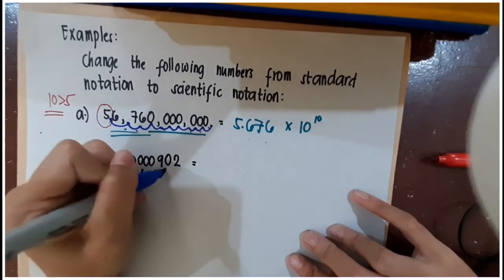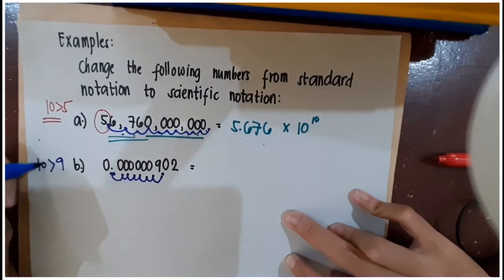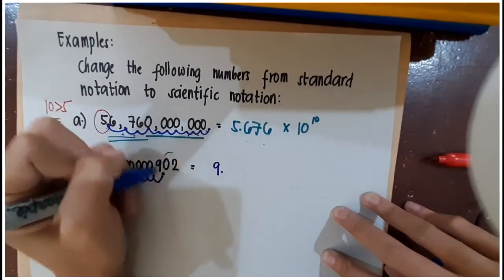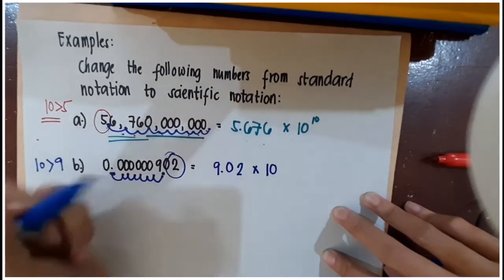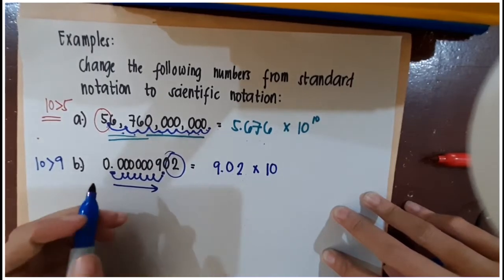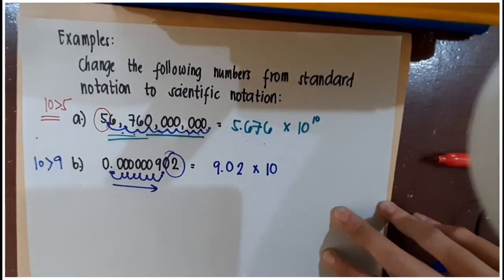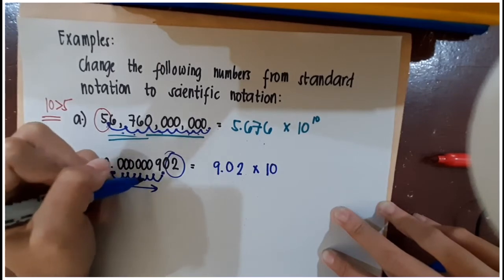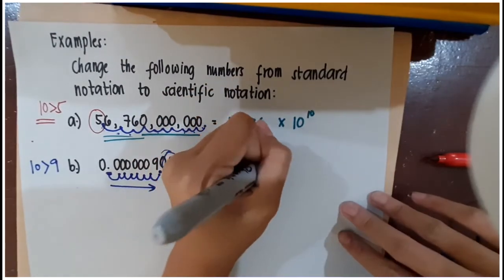Okay, so you stop at 9, because 9 is less than 10. So you can write it as 9 point, you include 02 here. So 9.02 times 10 raised to the number of places you moved to the right, which is 7: 1, 2, 3, 4, 5, 6, 7. Now this is negative 7.